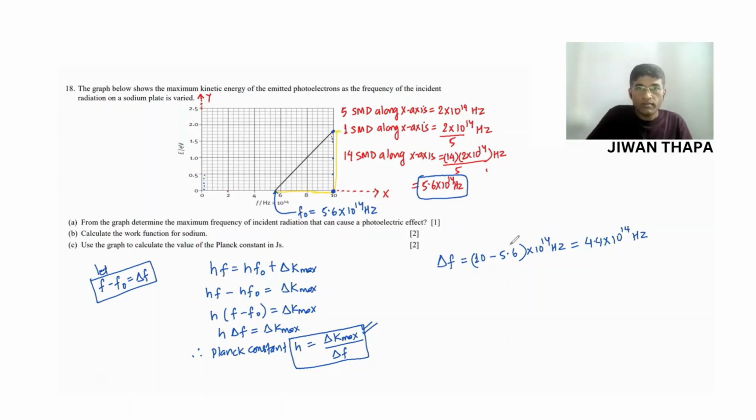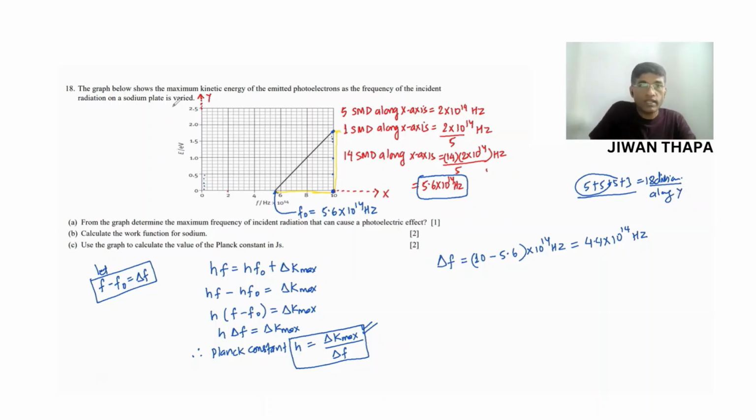So 5 plus 5 plus 5 plus 3, all together 15 plus 3, 18 divisions along y.